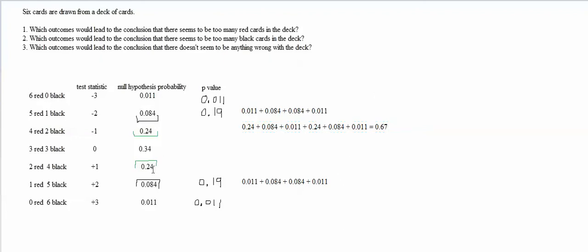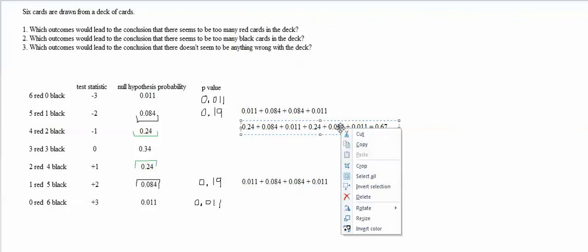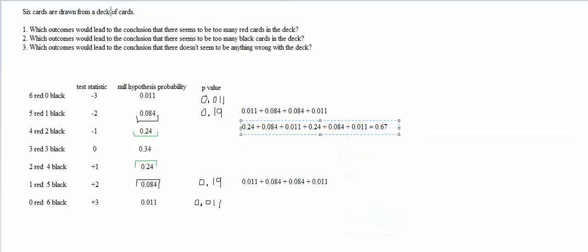For this one right here, we do the same math over again. We get 0.67 again. So these ones in the p-value column are both 0.67.